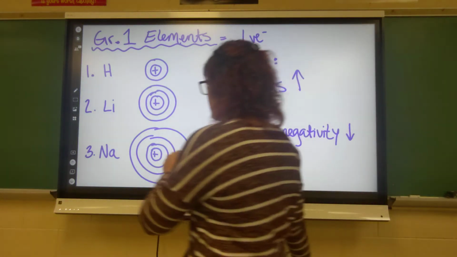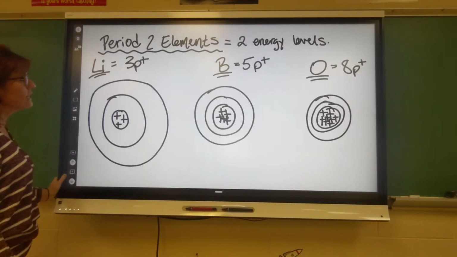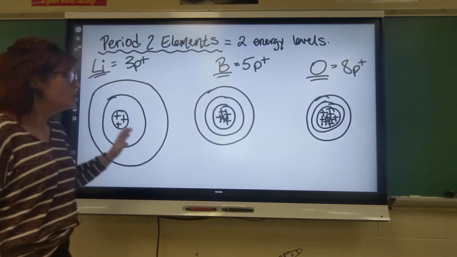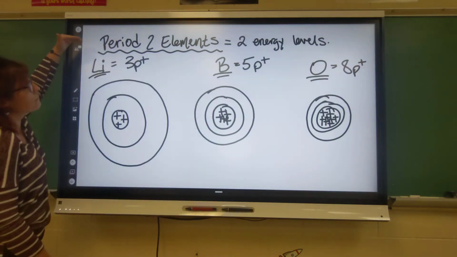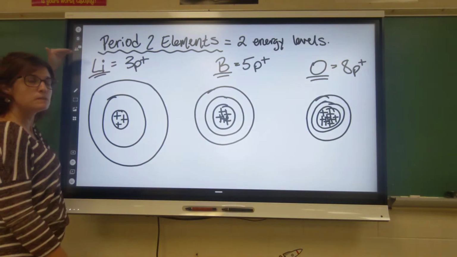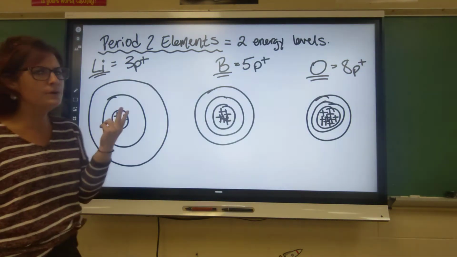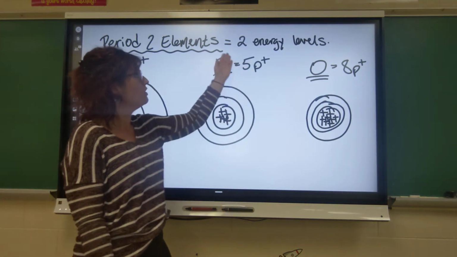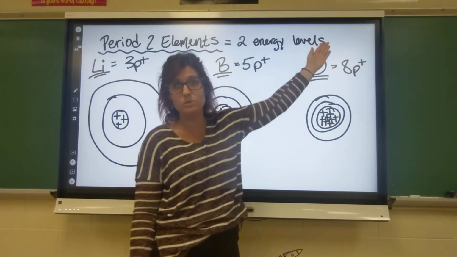Now, for atomic radius as you move across a period on the periodic table, so this is an example using period 2 elements. In period 2 elements, because they're all in period 2 or row 2, all of them have 2 energy levels.